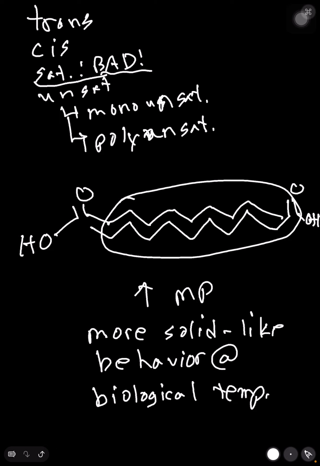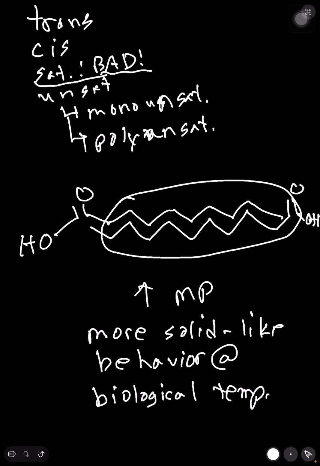Let's say you have a bunch of them being carried together, right? Let's say you have a bunch of them that are saturated. They can pack tight together in very dense structures and make something that has a high melting point. That means you have these fatty acid masses acting as solids in your bloodstream. That's not good, because when you have solid-like structures in your bloodstream, that causes blockages.